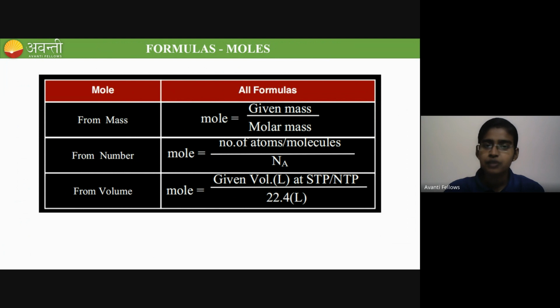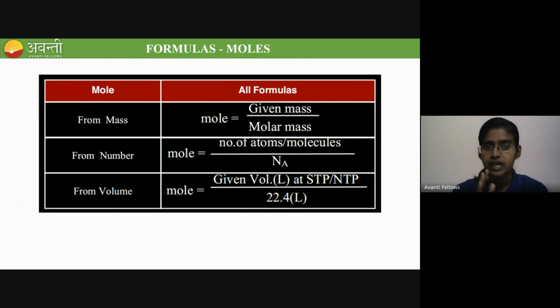And if the number of atoms or molecules is given, the number of moles is equal to number of atoms or molecules divided by Avogadro number. Na is Avogadro number. And in terms of volume, number of moles is equal to the given volume in liters at STP or NTP divided by 22.4. So these are the formulas to find out the number of moles.